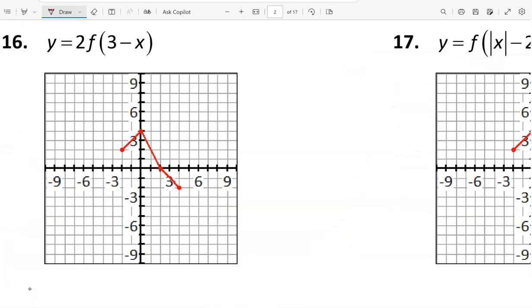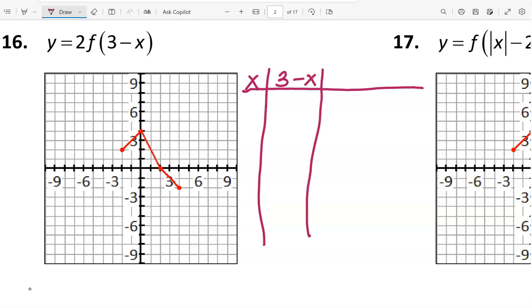In number 16, we can set up a table of values. X are our input values. We have to do the inner parentheses first. That's 3 minus x, and then take f of that value, and finally for the y value, multiply that value by 2. And so the input and output for the function are those two columns.